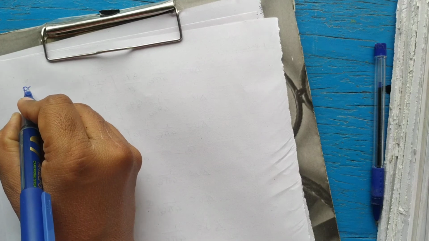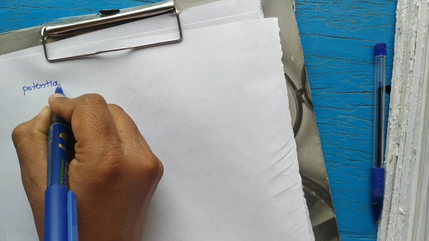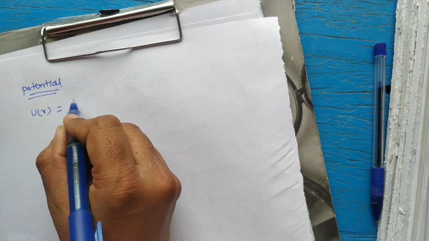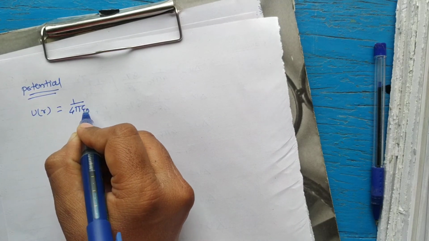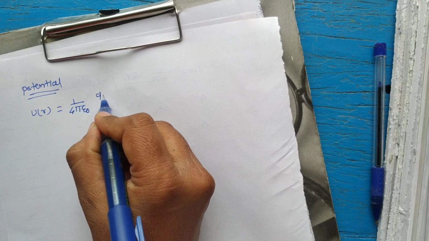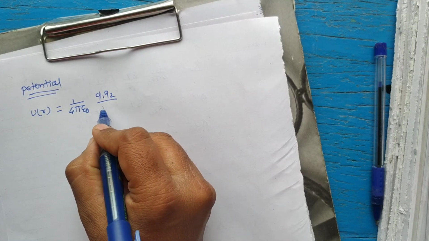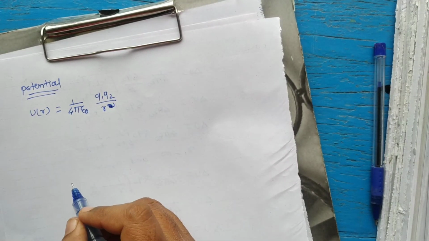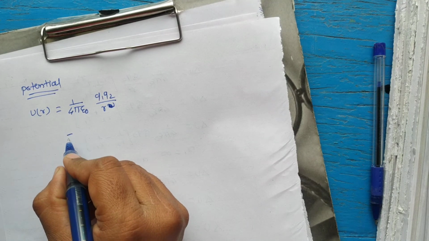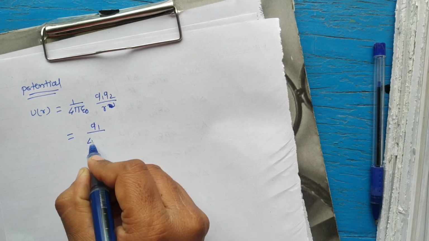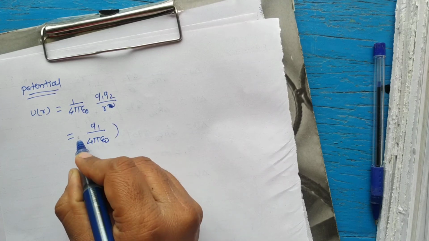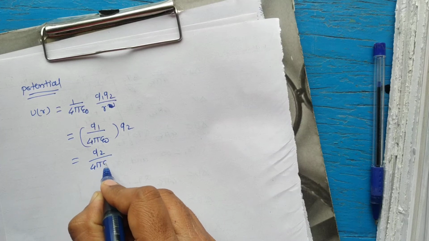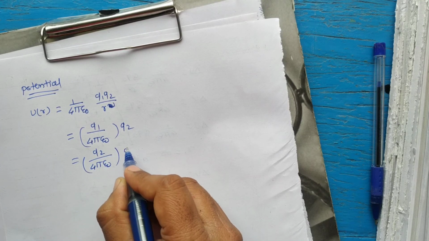The next point is potential. Potential energy is given by 1 upon 4 pi epsilon naught q1 q2 divided by r, not r square. Then we can write this as q1 divided by 4 pi epsilon naught r into q2, or q2 divided by 4 pi epsilon naught r into q1.